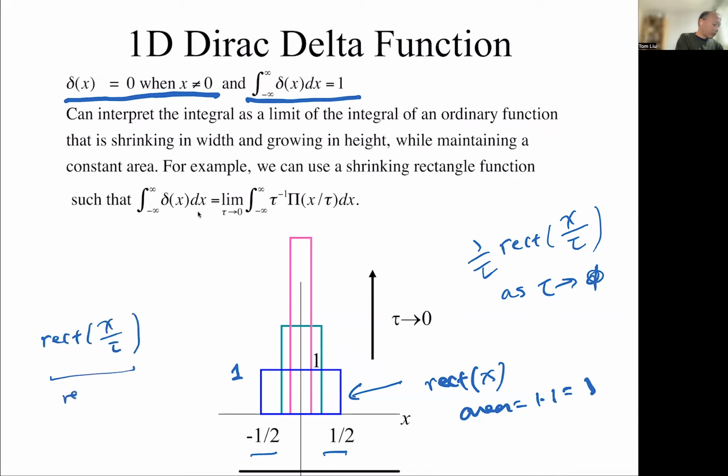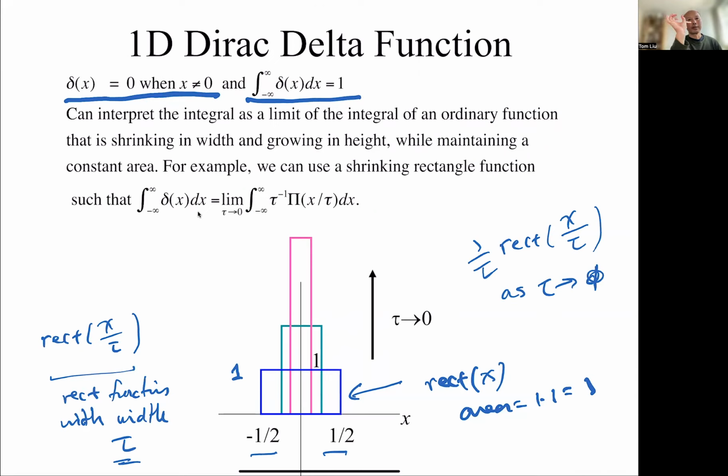That's just the rect function with width tau. So we're going to take this rect function and shrink it so that its width gets smaller and smaller.